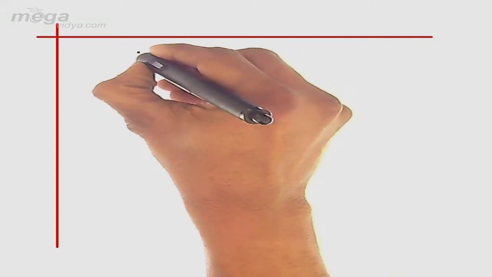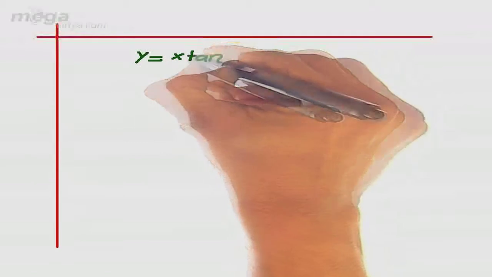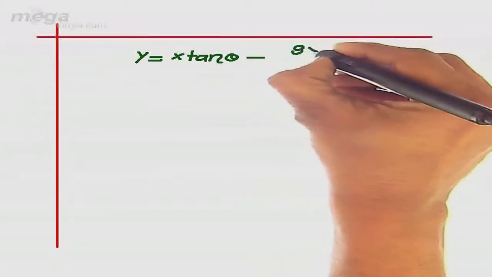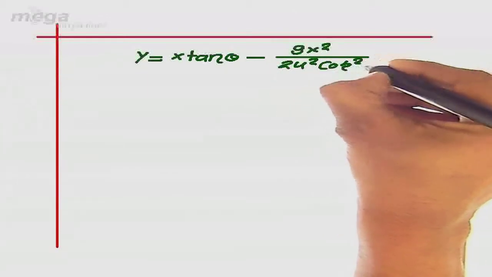Now we are going to consider the equation of trajectory again. y is equal to x tan theta minus gx square over 2u square cos square theta.